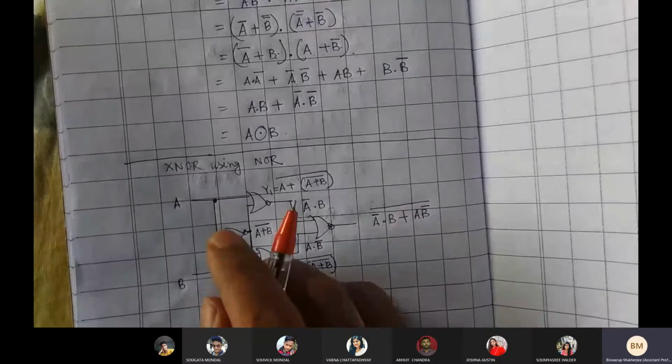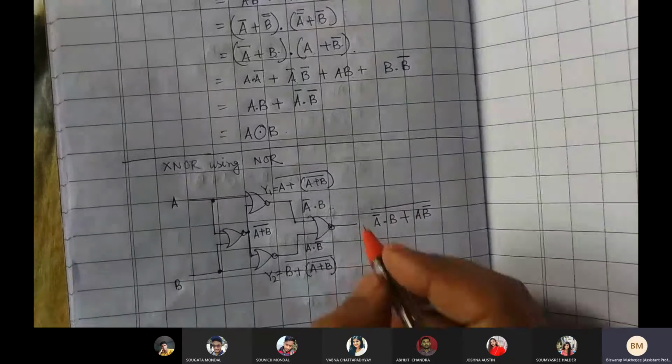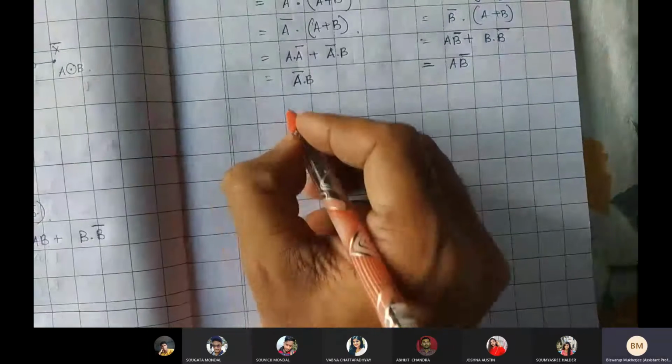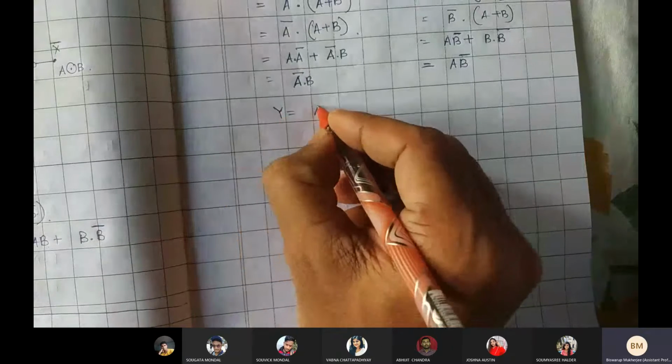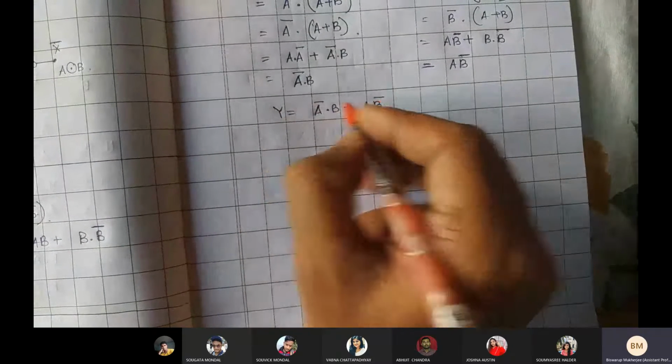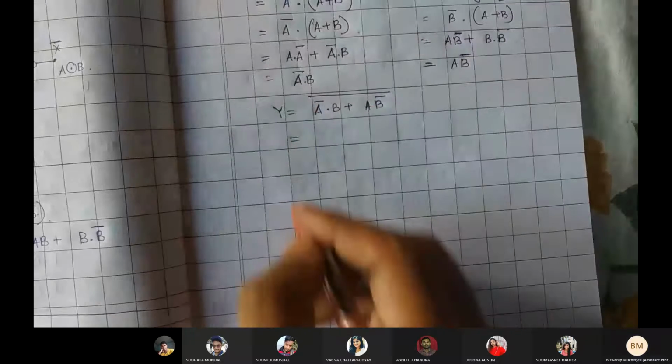So again, the same thing we need to do. So Y is equal to this. Let me try to find out. Y is equal to (A complement dot B plus AB bar) whole complement, right?